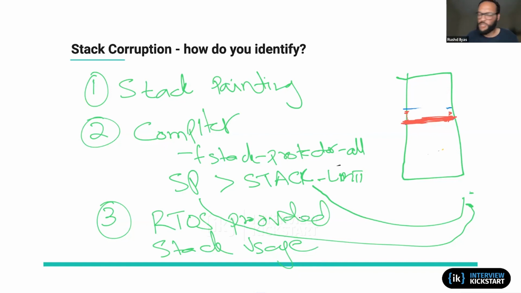Most of the time you just configure a macro and it becomes enabled automatically, and then you can call some other function which either prints it, or raises an exception, or raises a fault if the RTOS detects that the stack has been overflowed. Any questions with any of these approaches?